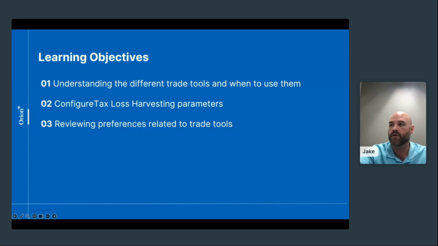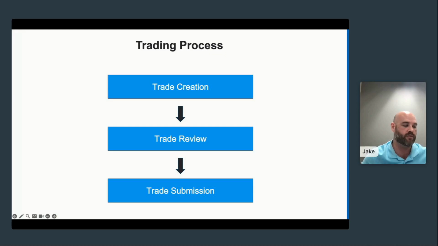So as we jump in here, I want you guys to realize and think about our process. This really relates to what we're going to talk about today and then in 2 weeks. So there's a bigger overall process than just the trading process, but I want to focus just on the actual logistics of trades in Eclipse.